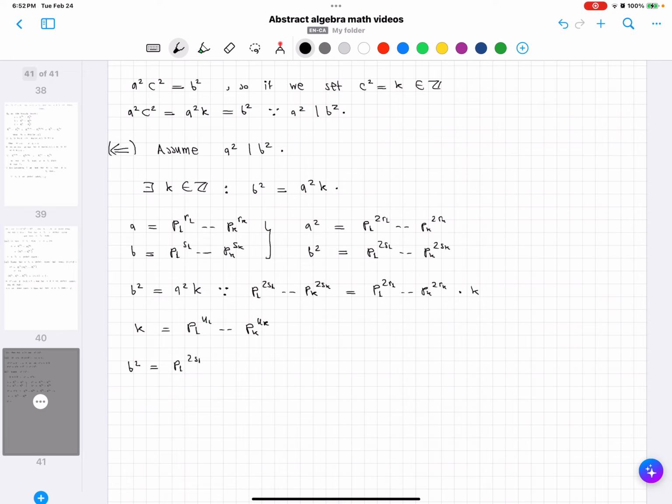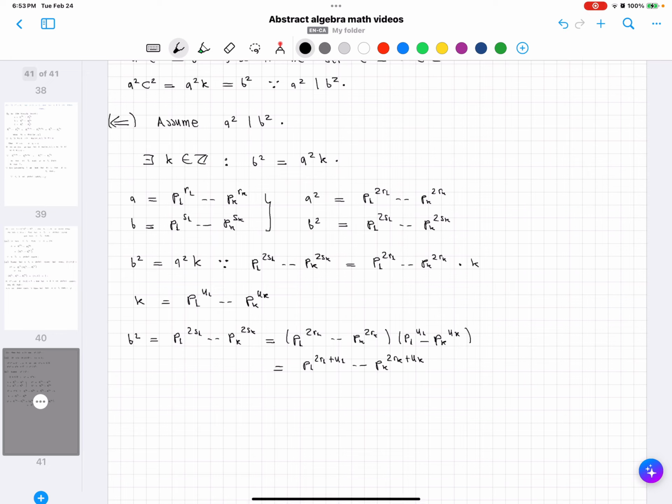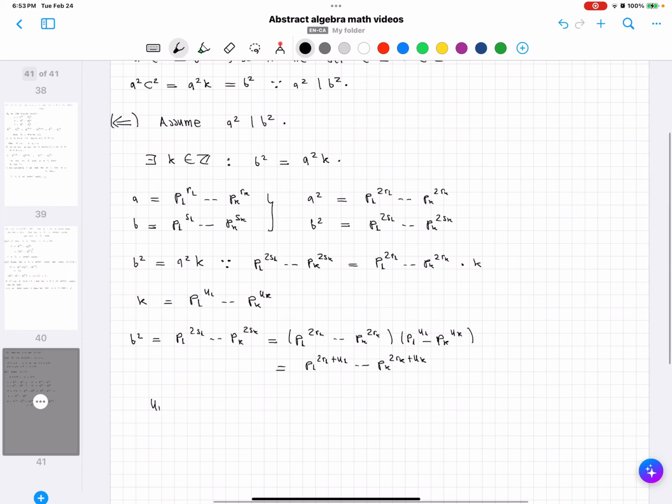So then we can write B squared as P1^(2S1) up to PK^(2SK), which is equal to P1^(2R1) up to PK^(2RK) multiplied by P1^U1 all the way to PK^UK, which is equal to P1^(2R1+U1) up to PK^(2RK+UK), and we must have that each Ui must be even.